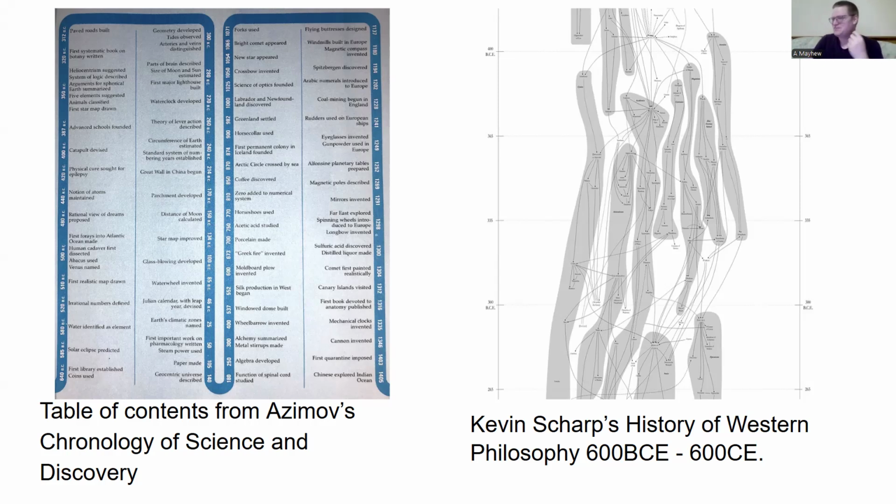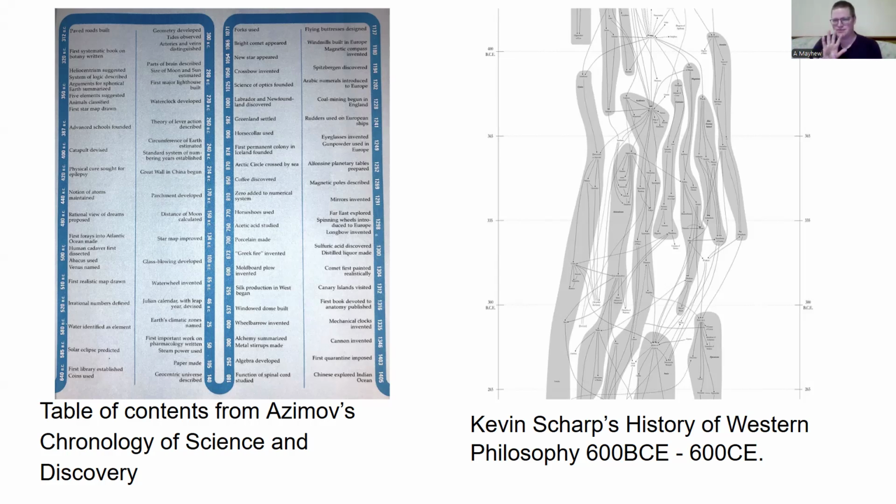A, I would say, perhaps more scholarly attempt to do something similar is Kevin Sharp's History of Western Philosophy from 600 BC to 600 CE. At least that's what this one's from. And the ovals, the elongated ovals, those are the lifespans, or at least the productivity spans, of individual people, and the dots within those are particular works or expressions or instances of their intellectual effort, and then the lines are again lines of influence.